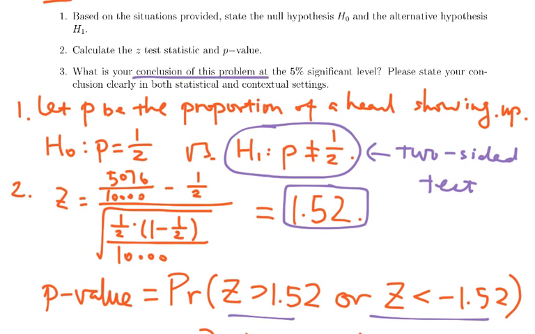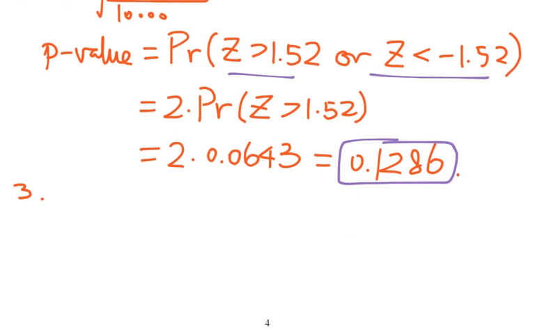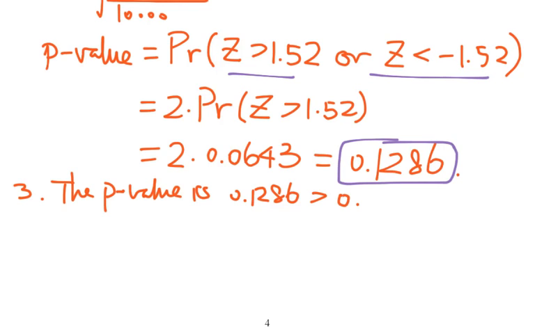Okay, so we can see that our p-value, 0.1286, is greater than the significance level, that is 0.05 or 5%. And we fail to reject H0. And this is our statistical conclusion.